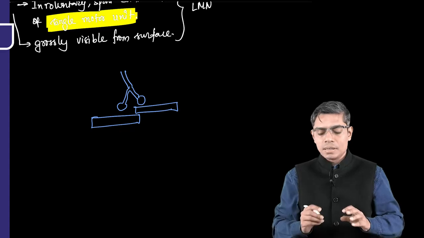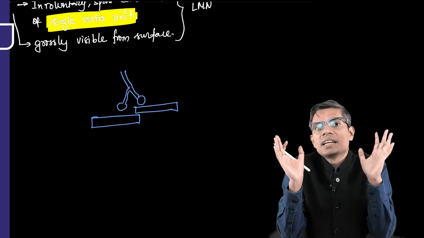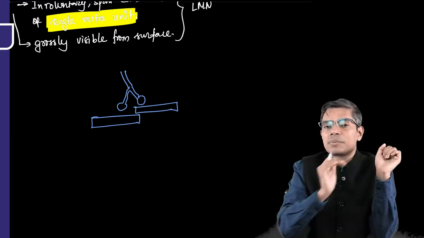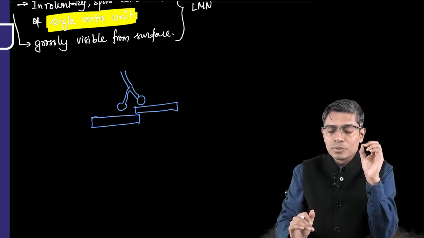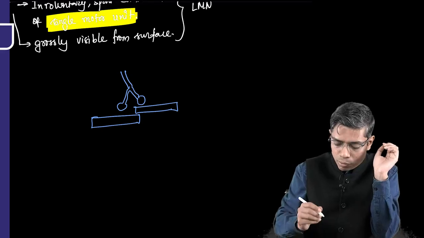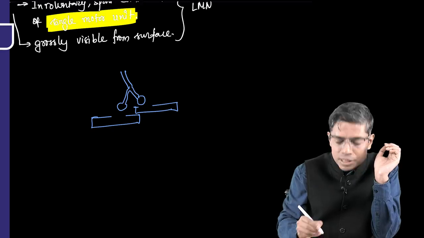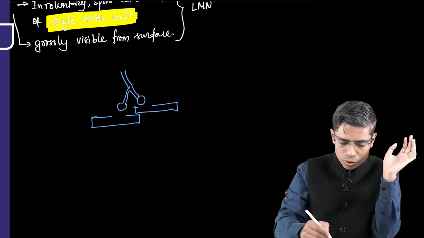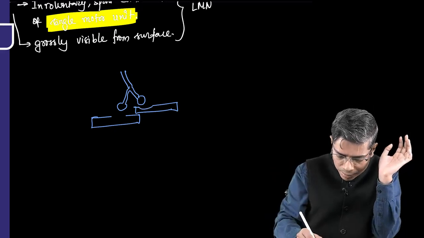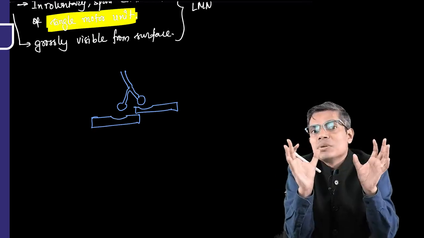What will happen? Now this motor unit will not behave like a single unit, because now it is disconnected from the cell body. Rather, a separate phenomenon is going to happen here. Now the individual muscle fibers will start contracting separately. They will not contract simultaneously, they are not part of the unit now.